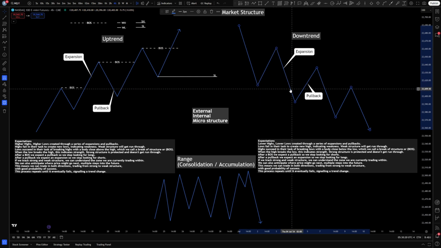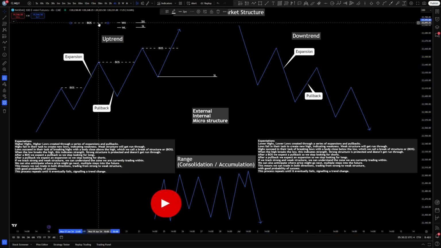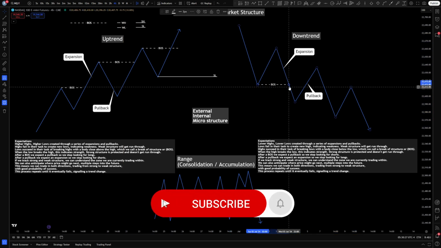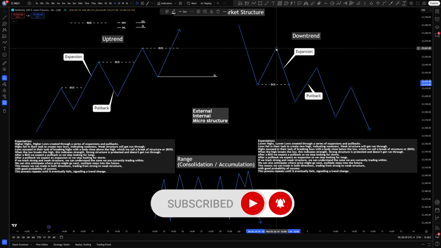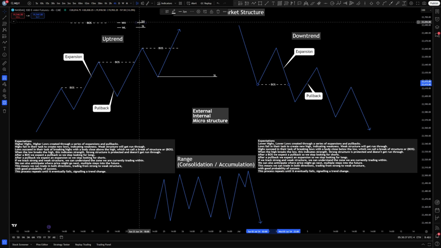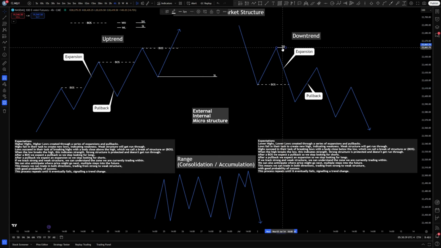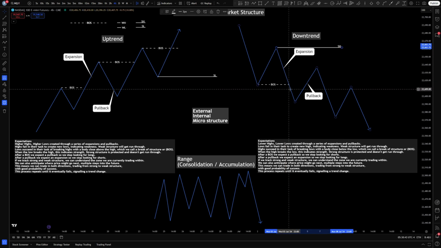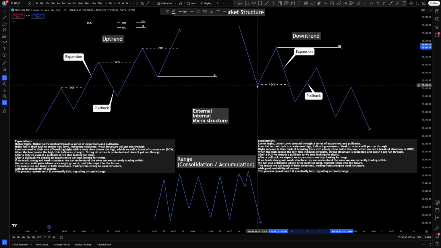When it does get run through, we have a break of structure. And it's this high that caused the break of structure of that low. So then we have, instead of a strong low, we have a strong high. Because this high succeeded in doing its job of breaking this low.